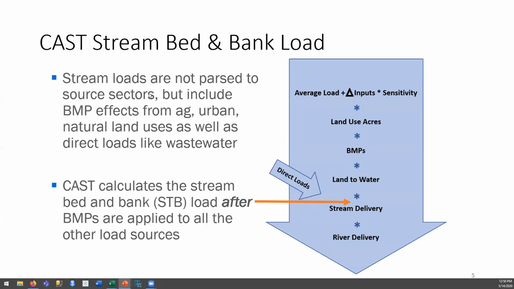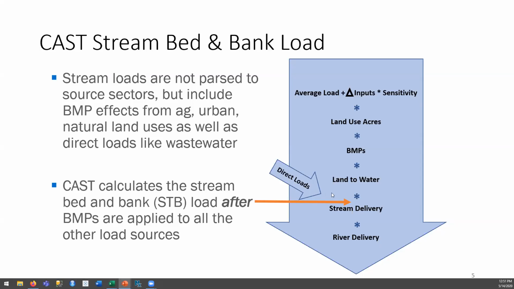So the way the whole model works is it takes the average load times the change in inputs times the sensitivity, taking into account the acres and the BMPs and those land to water factors, which you saw were null for the stream load.